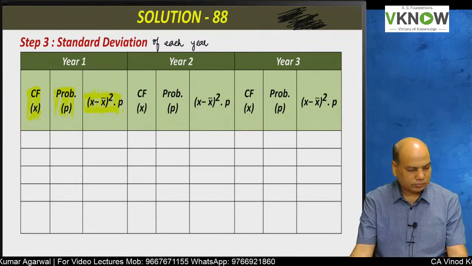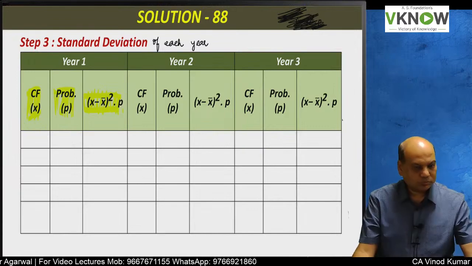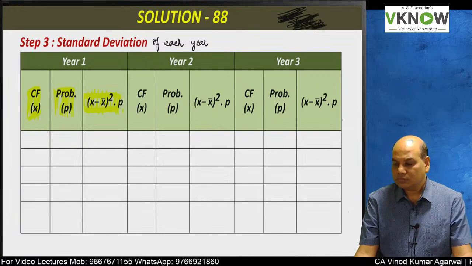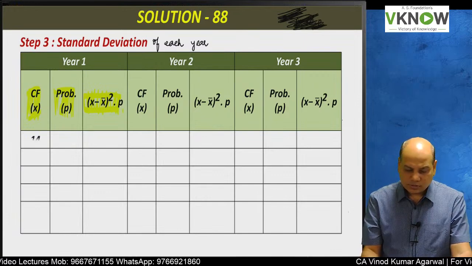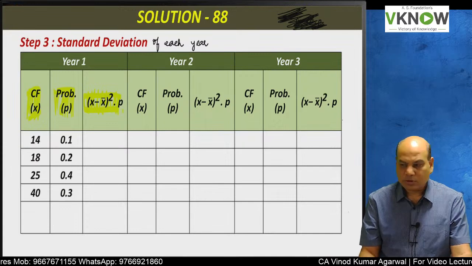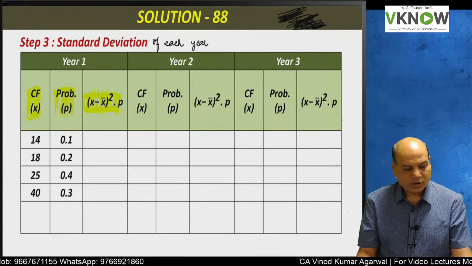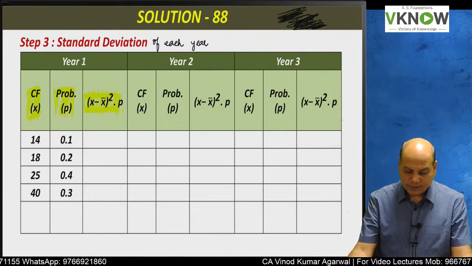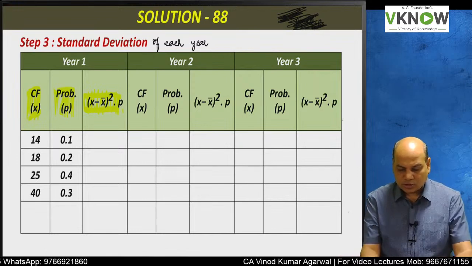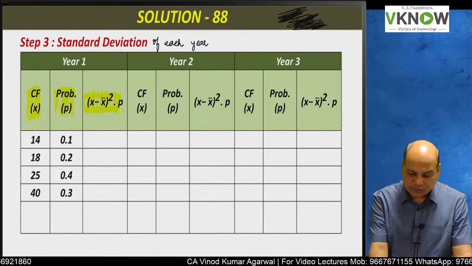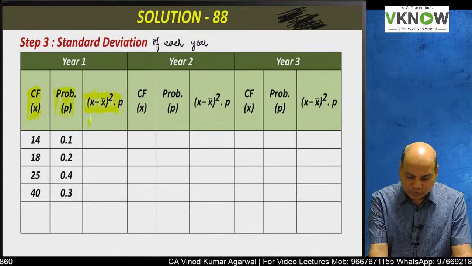Is it right now? First and second column, again please copy from the question book: cash flow and probability. And then this column, what is x bar? X bar means expected CFAT, which is 27 for year 1.